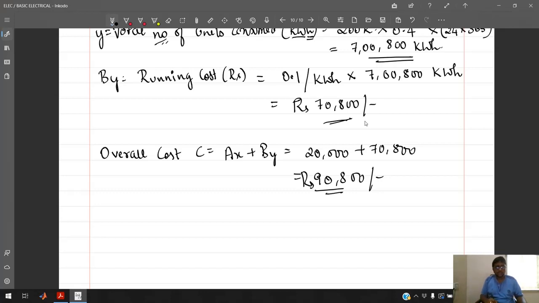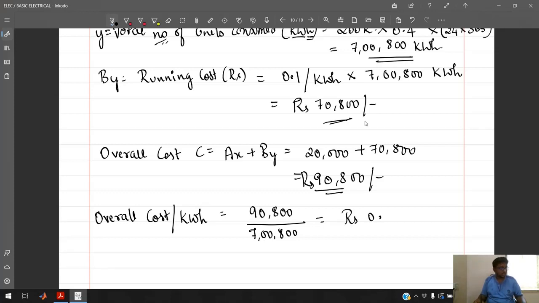Now they have asked for overall cost per kilowatt hour of energy consumed. That is 90,800 divided by the total energy consumed, 7 lakh 800 kilowatt hour. You get the amount as rupees 0.1285, or I can also write it as 12.85 paisa. So this is how you calculate the problem.